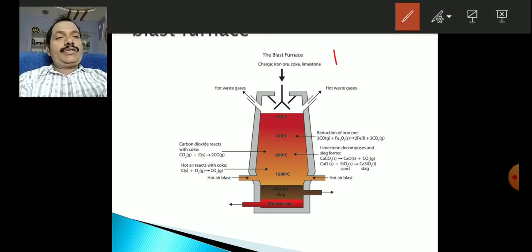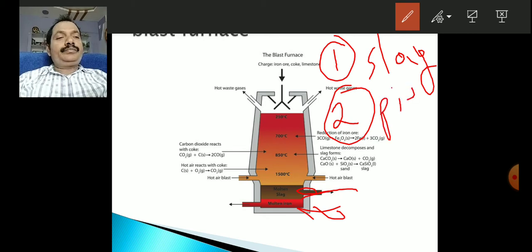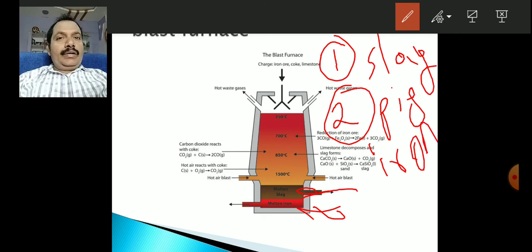Product one is slag, the top one is the slag, and the bottom one is the pig iron. These two are the important products developed at the bottom of the blast furnace.